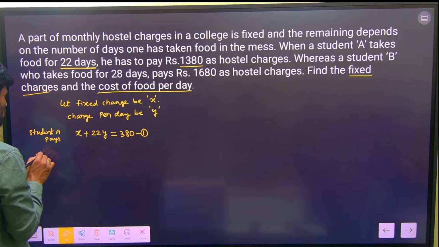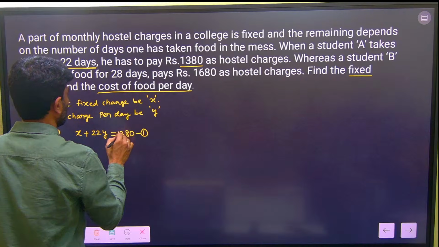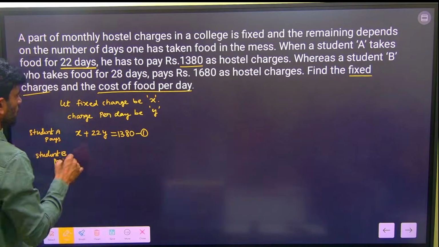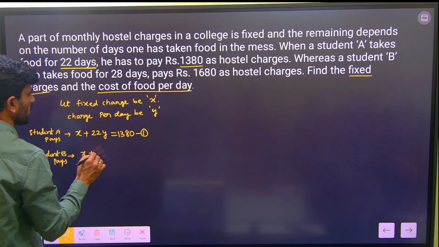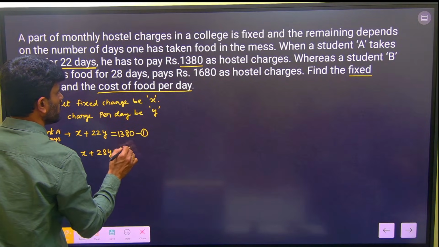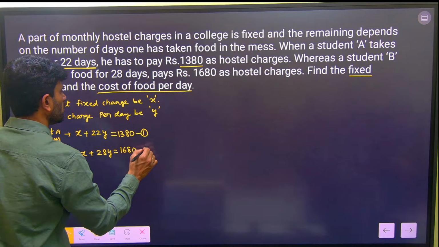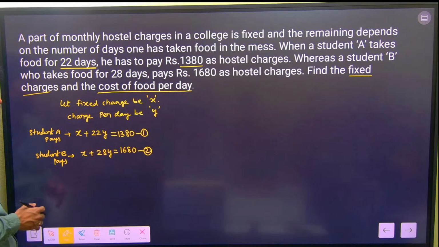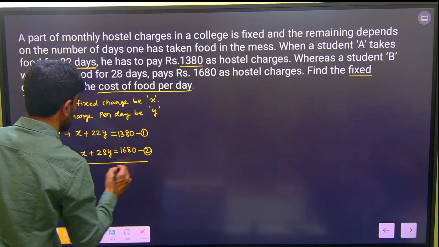Now, in the second case, student B, he will pay x plus 28y is equal to 1680 because he is staying 6 days more. This is equation 2. This type of equation will be very simple to solve because x is the same in both, so you can follow the elimination method.